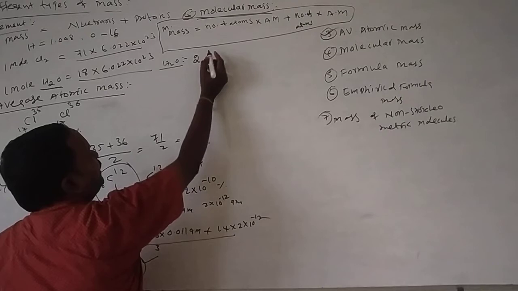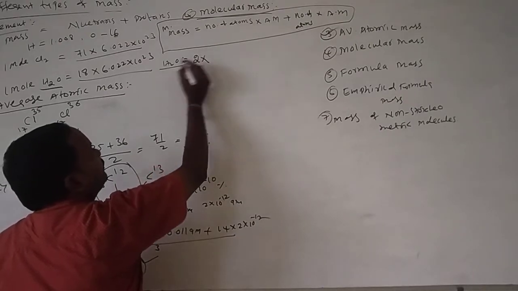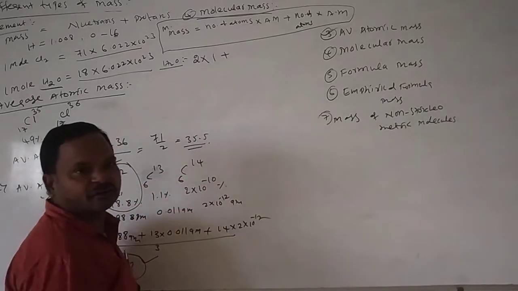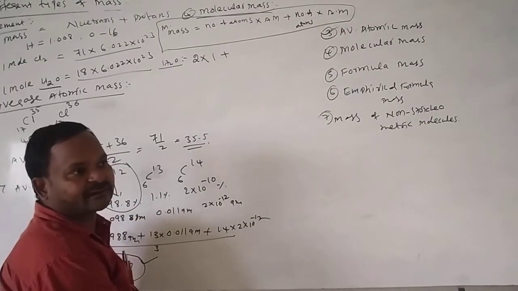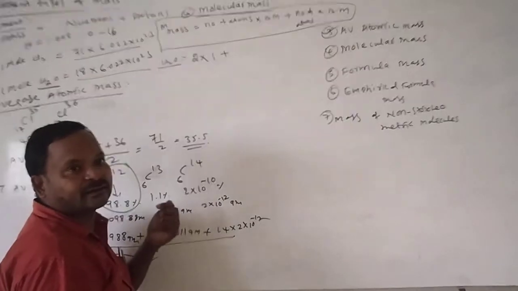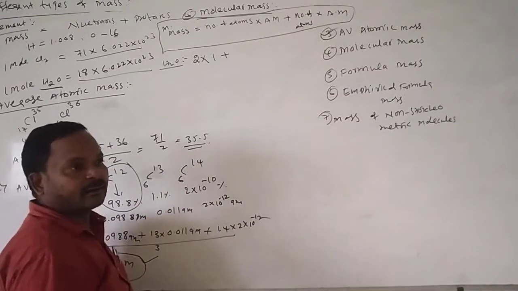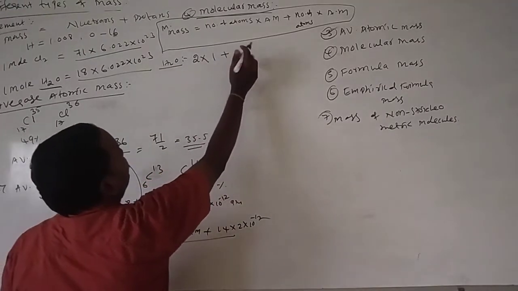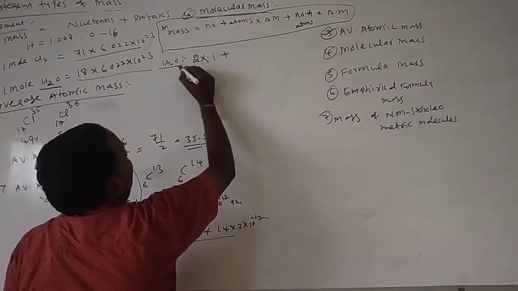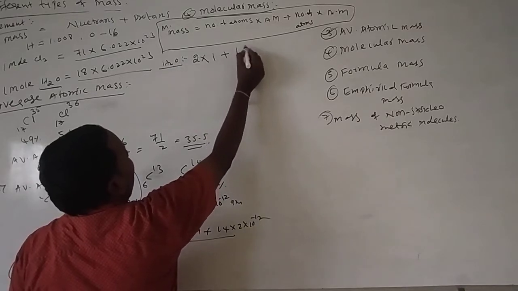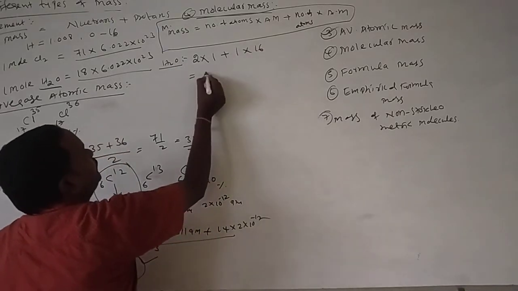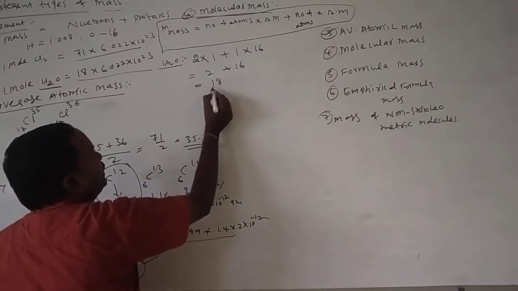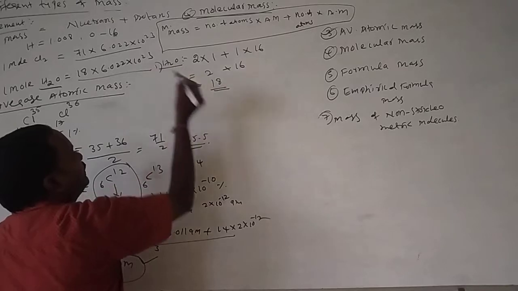Number of atoms into atomic mass of hydrogen, which is 1.008, but in most cases we take 1 only, rounding up. So 2 into 1, plus 1 oxygen, 1 into 16. That means 2 plus 16, total 18. This is the molecular mass of water.